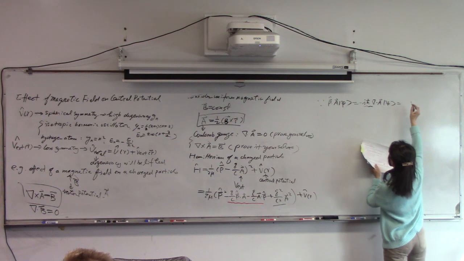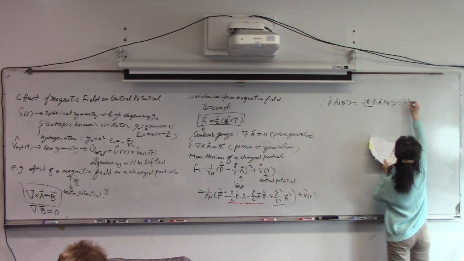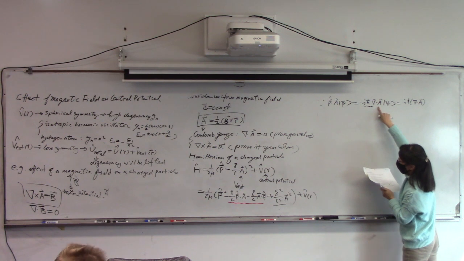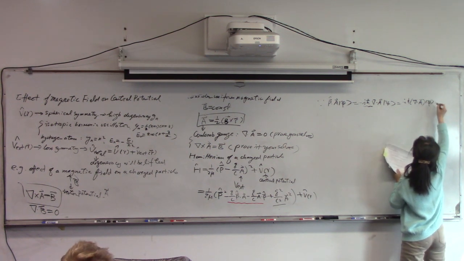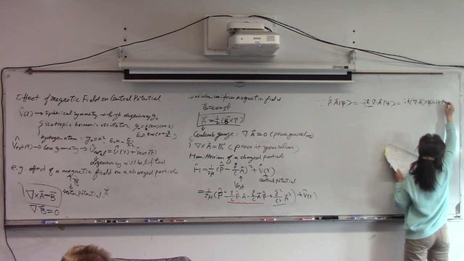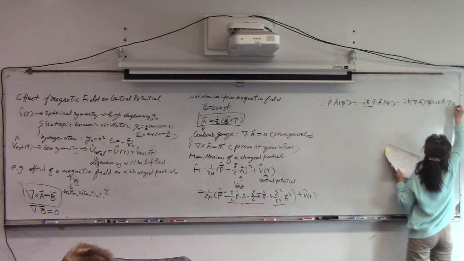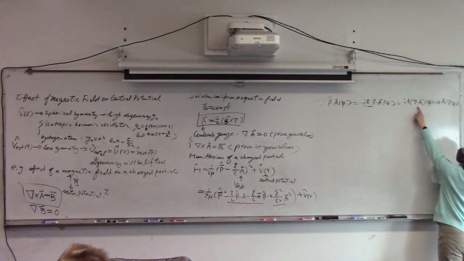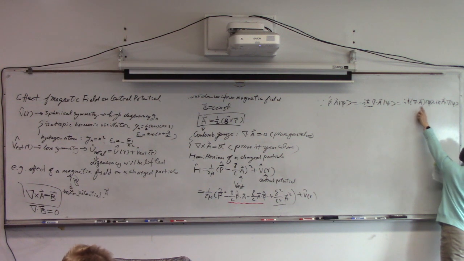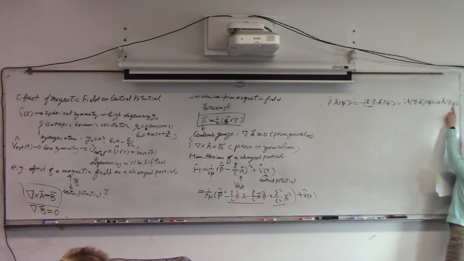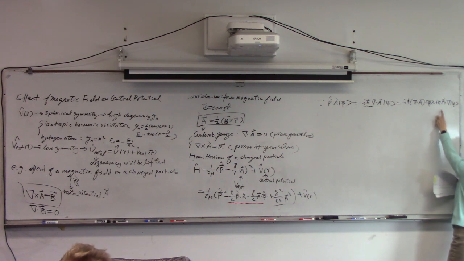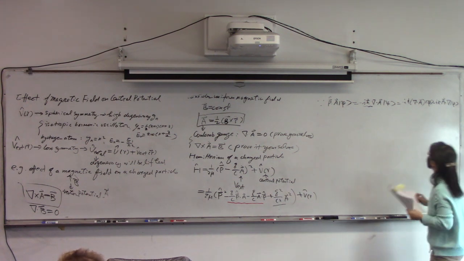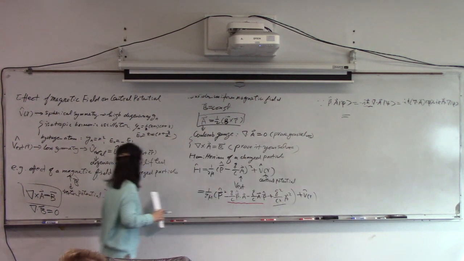The first is minus i h bar, the divergence of A, with the function not differentiated. Here A is a vector, so the inner product gives a scalar, and then you apply it. The second term keeps A, and the gradient works on the function, giving another vector, so I have an inner product here.